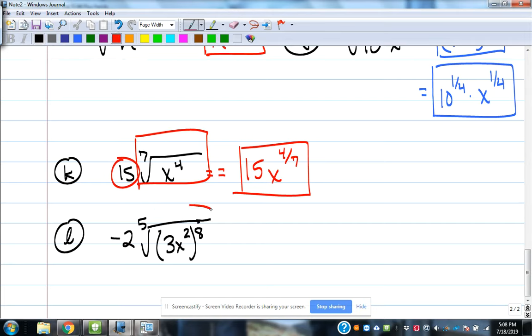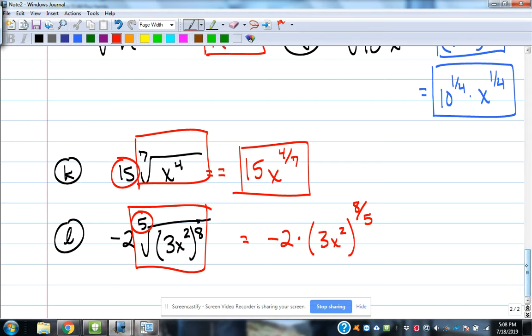That 5th root is only on that stuff. And if you think of the 3x squared as being your base, you're going to have -2 times 3x squared to what power? 8/5, yeah. 8 is the numerator. 5, remember that index there is always going to be your denominator. So that's one way to write that answer.